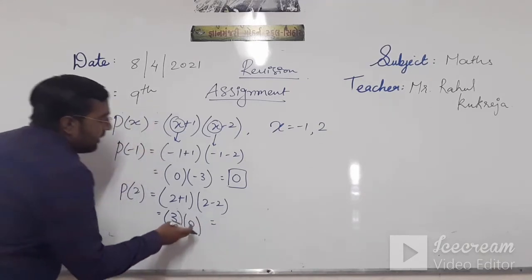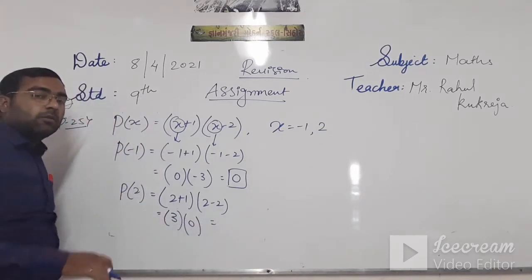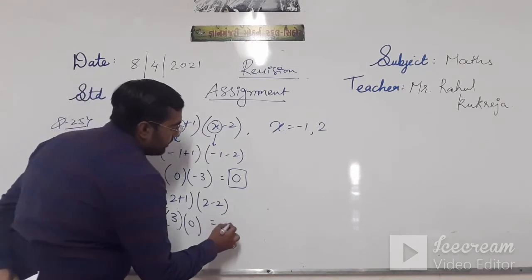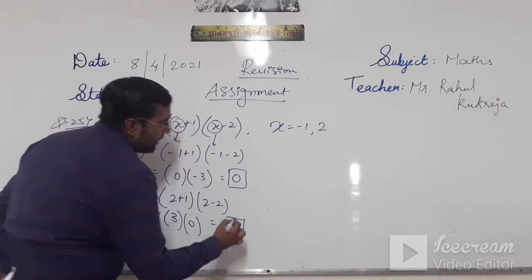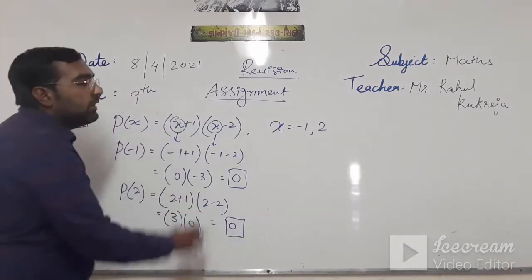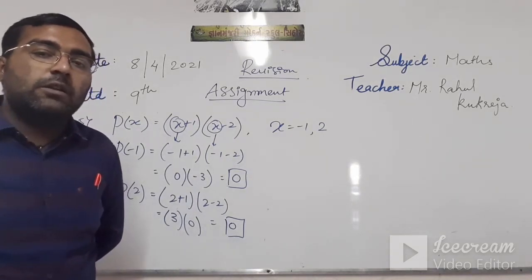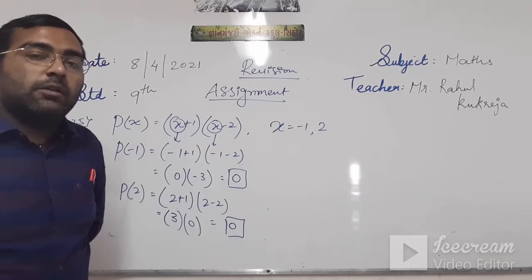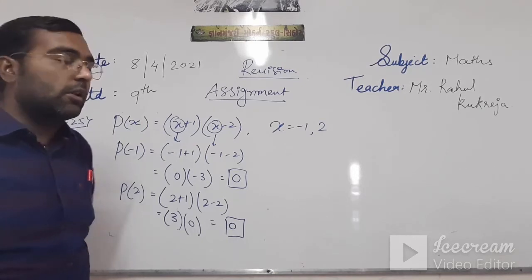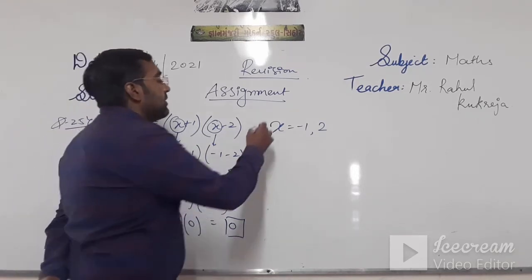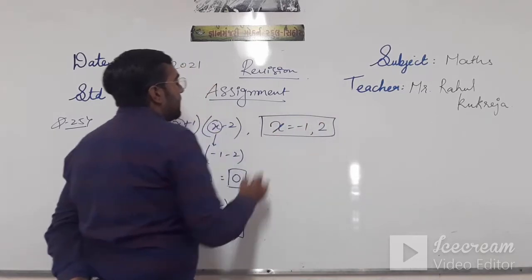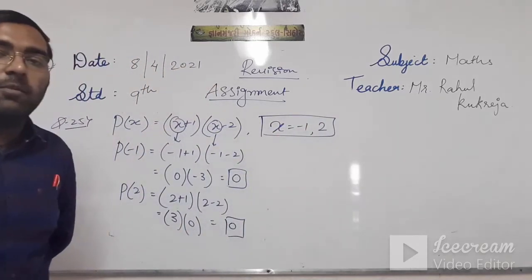So again, any number multiplied with 0, the answer will be 0. Clear? So in both of them, the value of the polynomial is equal to 0. Therefore, these values of x are the zeros of the polynomial.